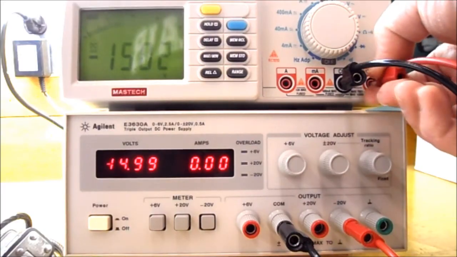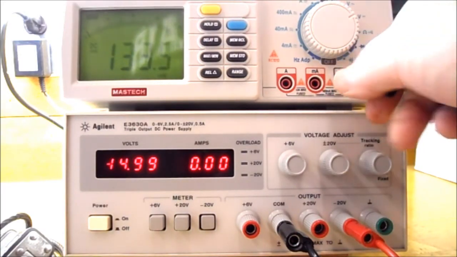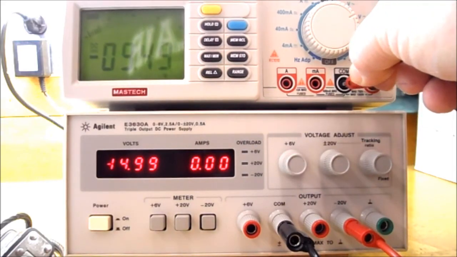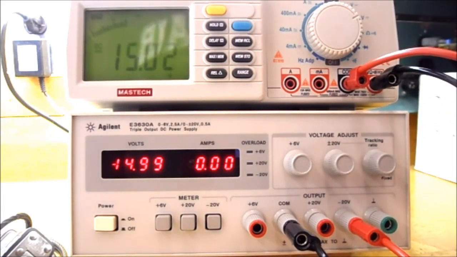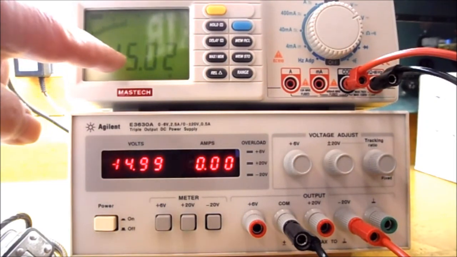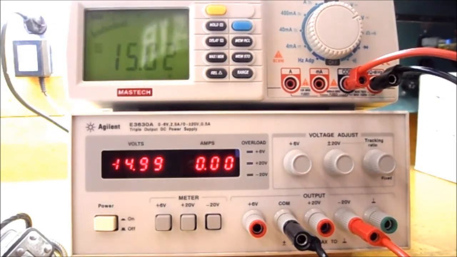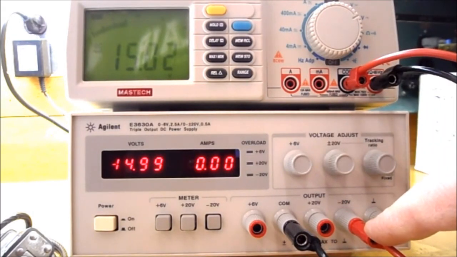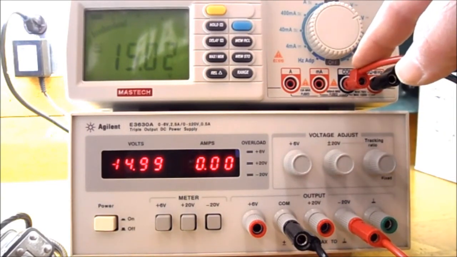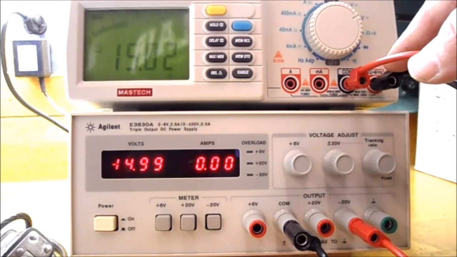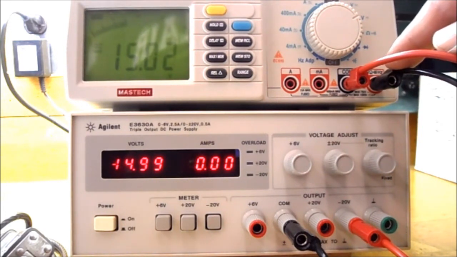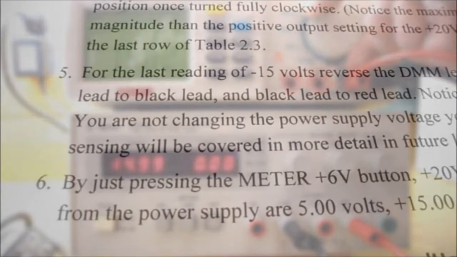When I pull out the red lead and the black lead and put the black lead in where the red lead should go and the red lead in where the black lead should go, you'll notice my reading is plus 15.02 volts. So the voltmeter is sensing the minus 15 volts incorrectly because we've put the leads in backwards. We're going to cover voltage sensing in more detail in the future labs.